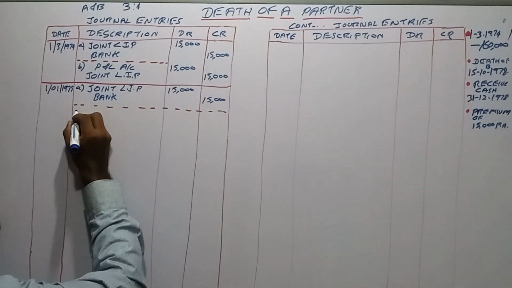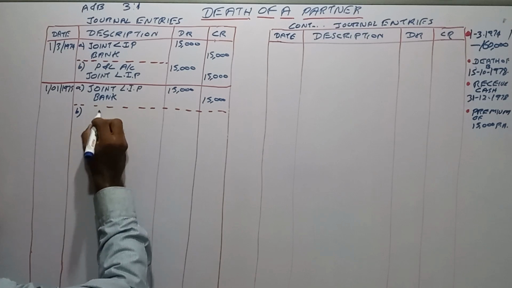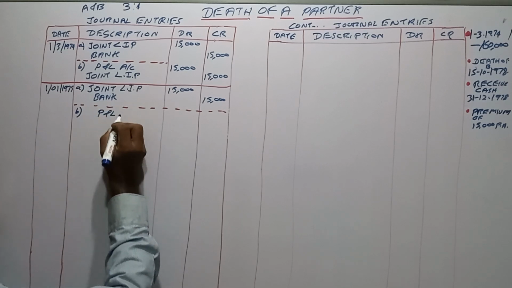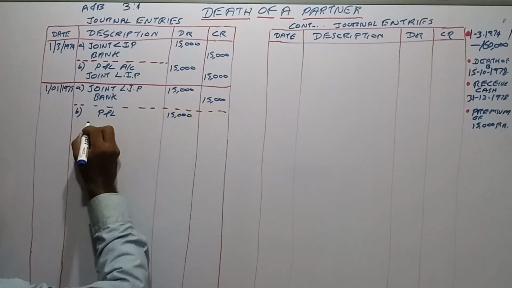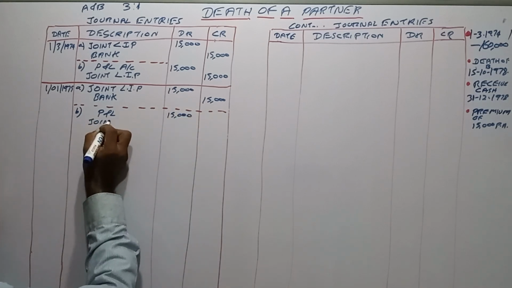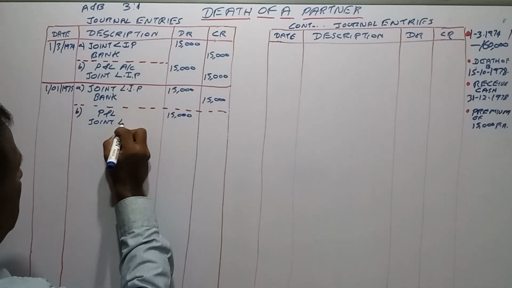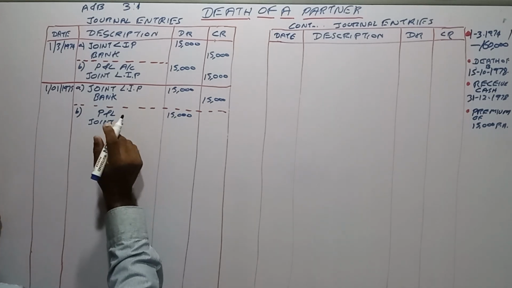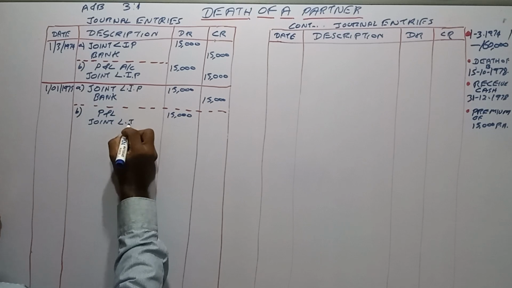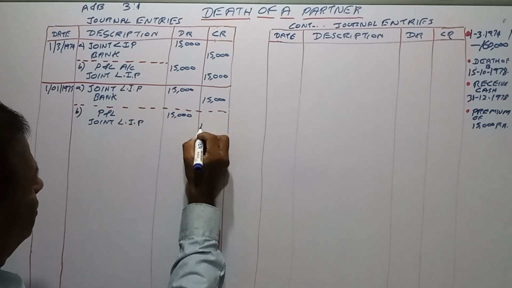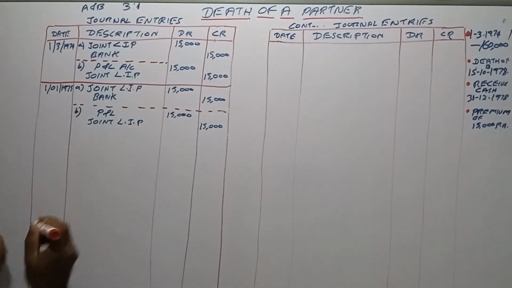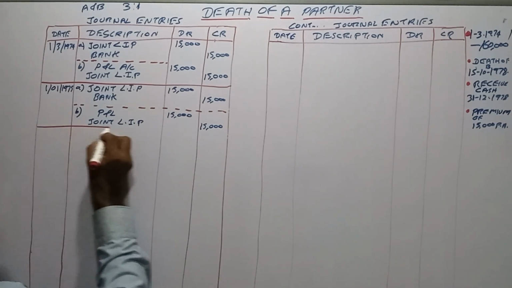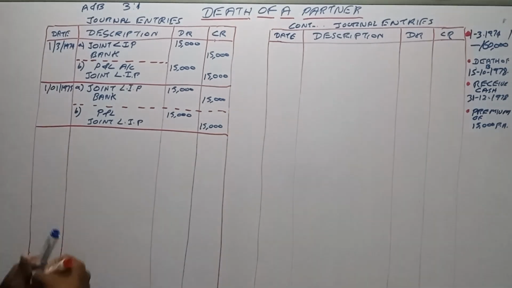Then the expense: P&L account debit 15,000, and joint life insurance policy is credited 15,000 premium, right? Premium we have made it as an expense, right?